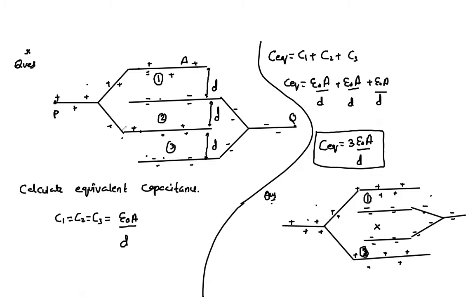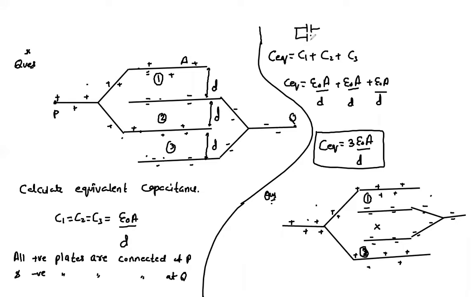See, this is the positive plate and it's going up to P. And the negative plate is connected up to Q. So we can say that all positive plates are connected at P, and negative plates are connected at Q. If all positive plates are connected at one point and negative are connected at another, what's the type of combination, Rosa? Parallel.